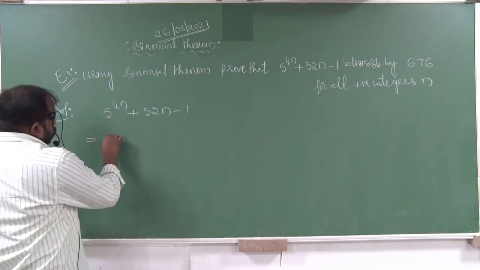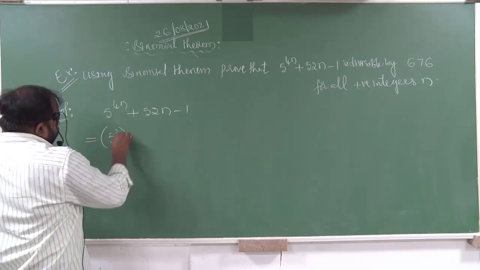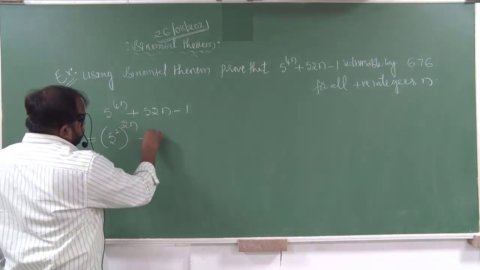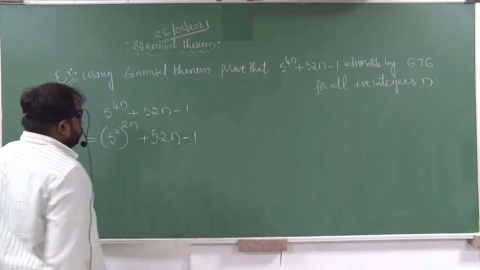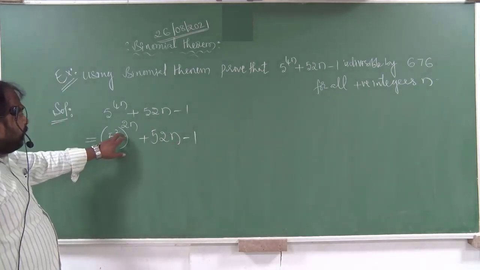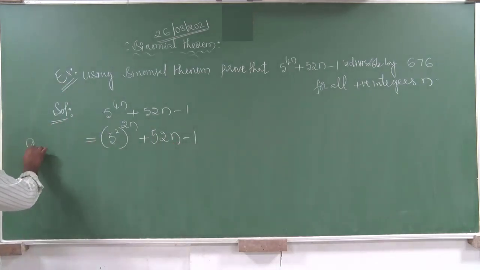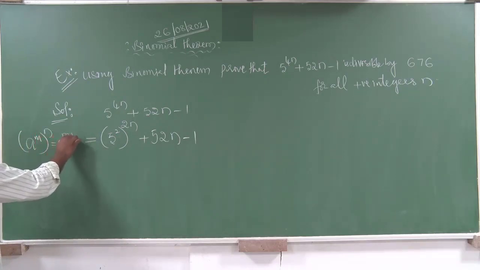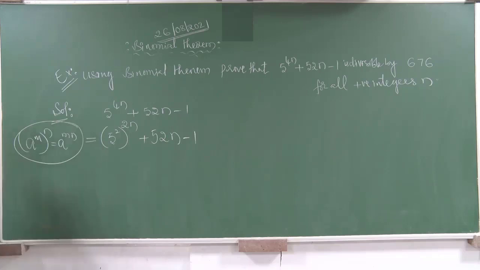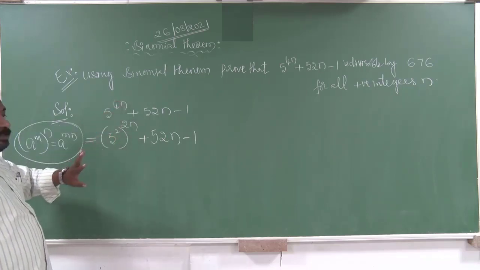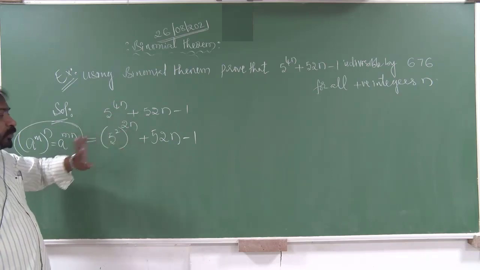So this value I can write as 5 square whole power 2n plus 52n minus 1. Got it now? A power m whole power n. What is the formula? A power mn. Based on this formula, 5 power 4n I can write like this: 5 square whole power 2n.